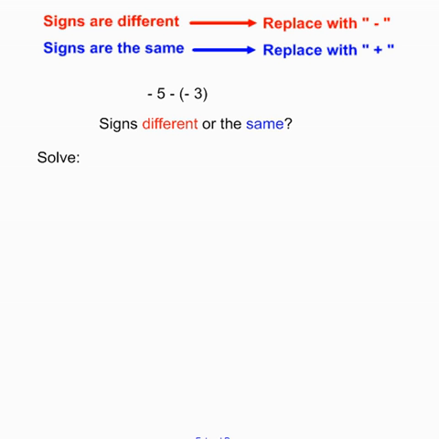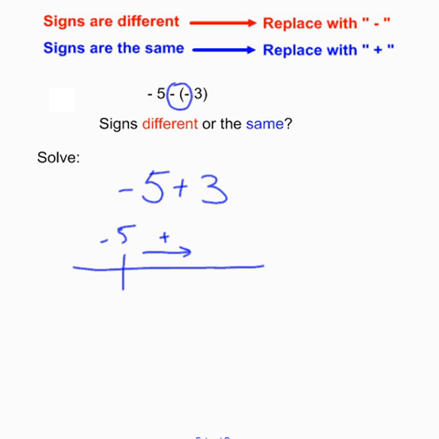So take another example, -5 minus a -3. The signs are the same, so it becomes -5 plus 3. Then we do that on the number line like we did before. We're going to start at -5, go in the positive direction by 3 jumps, and we would wind up at -2.